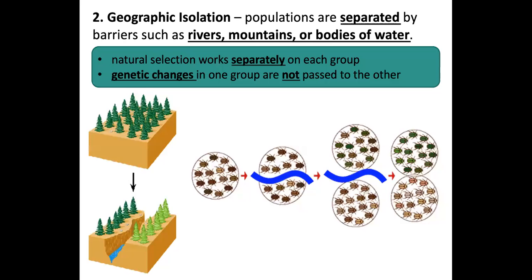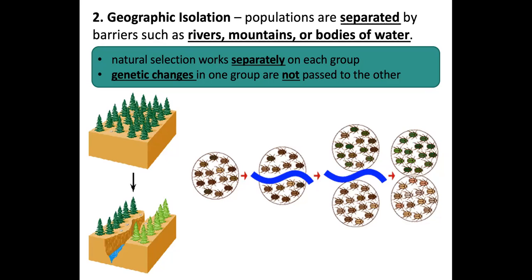The second one, and probably the most common that you would see, is geographic isolation. This is when populations are separated by barriers such as rivers, mountains, or different bodies of water. If a river, a mountain, or a body of water separates species, they eventually become different species, because natural selection is going to work on each group separately and therefore differently, because they are going to live in different environments.